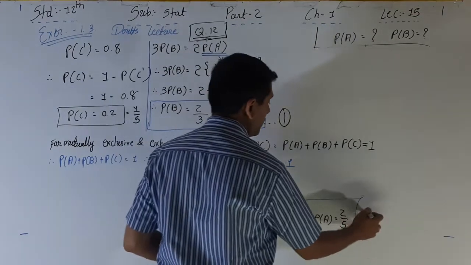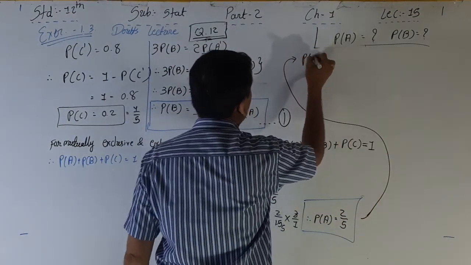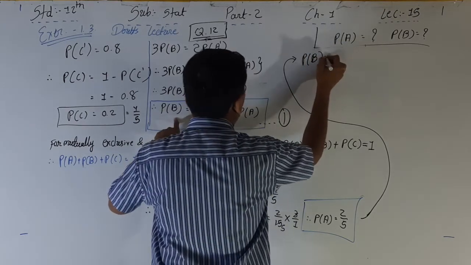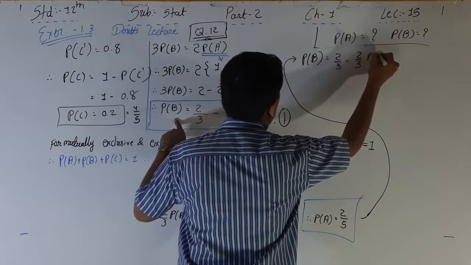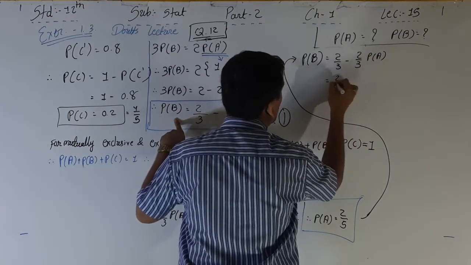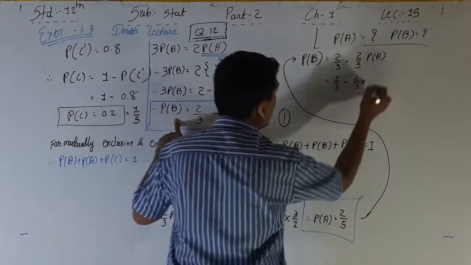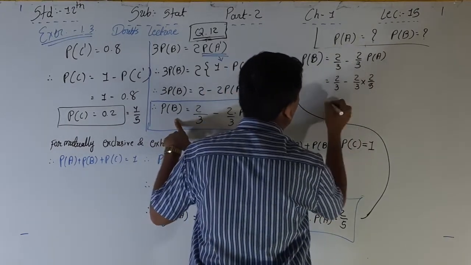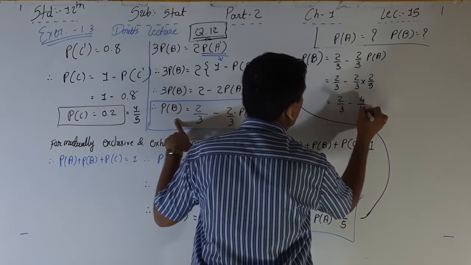So after this, I am writing P(B) is equal to what? This one: 2/3 minus 2/3 P(A) is equal to 2/3 minus 2/3 into 2/5. So here we can say 2/3 minus 4/15.